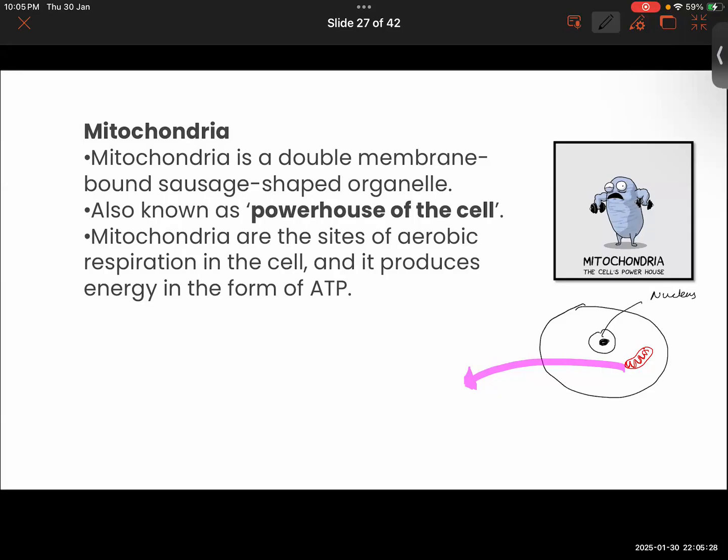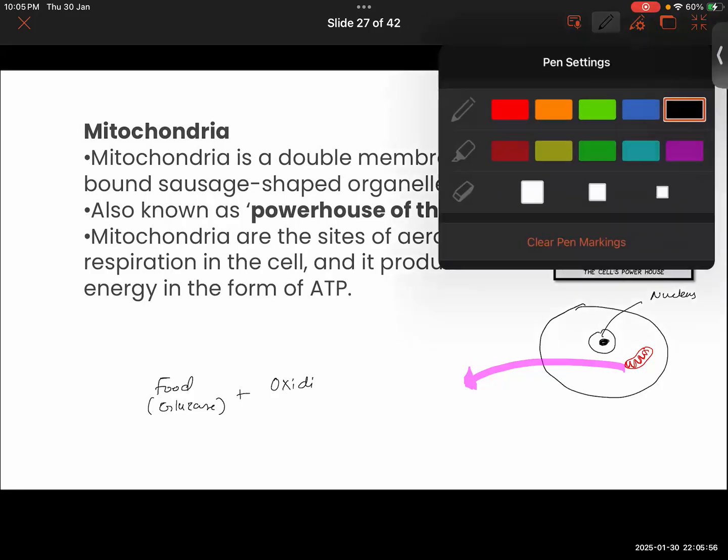So the mitochondria are the organelles in the cell that have two membranes, they are double membrane, and they produce energy, which is very important for the cells to carry out their function, right? So they are basically converting the food into energy. The food that goes into the cell, in the form of glucose, is being oxidized, is being broken down with the help of oxygen.